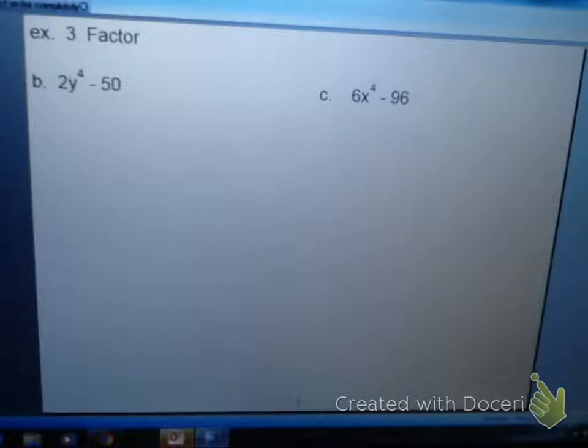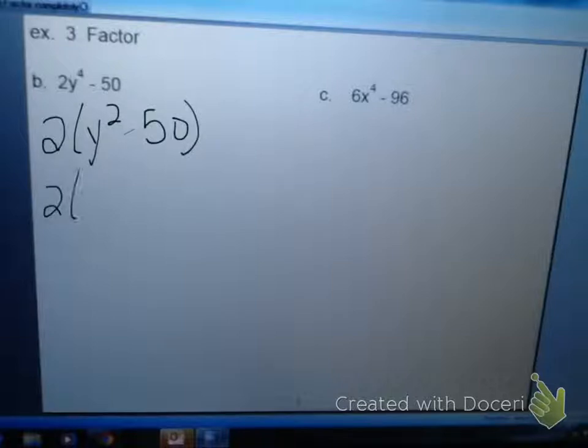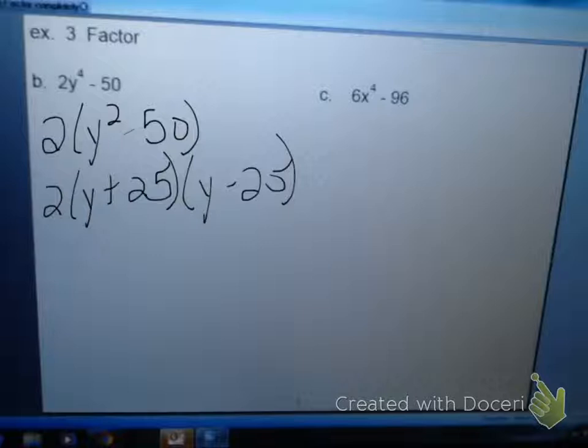Example 3b, I'm going to factor out a 2, and I get y to the fourth minus 50. So that's y plus 25 times y minus 25. Now, y plus 25, that is prime. You cannot do anything with it.